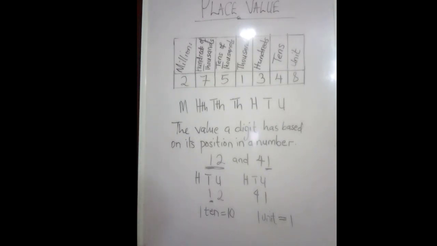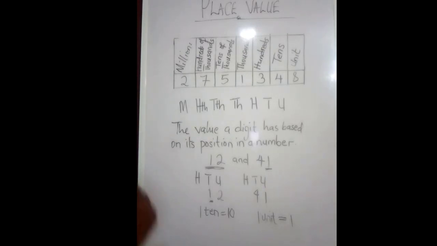As you go higher, you explore other positions that are beyond million. You have tens of million, hundreds of million, billion, tens of billion, just like that. But for this grade level, we'll be stopping at million.